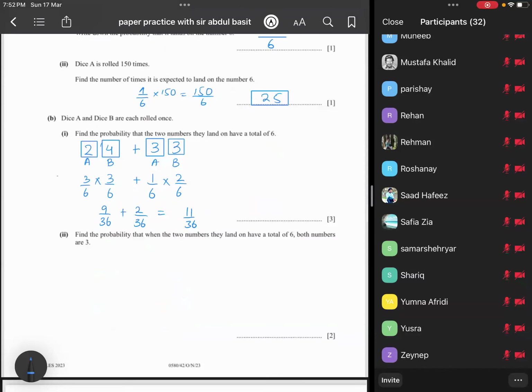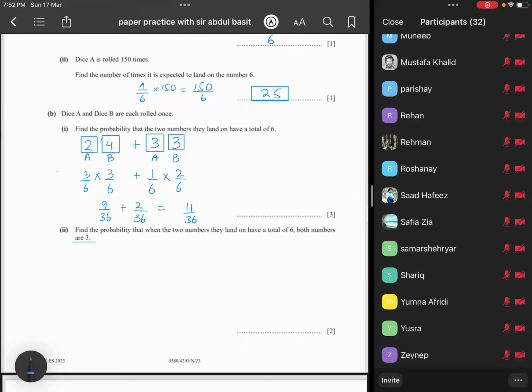Okay, find the probability that when the two numbers they land on have a total of 6, both numbers are 3. So beta, I think so that we are clear with this. Yes or no? Find the probability that when the two numbers they land on have a total of 6, both numbers are 3.